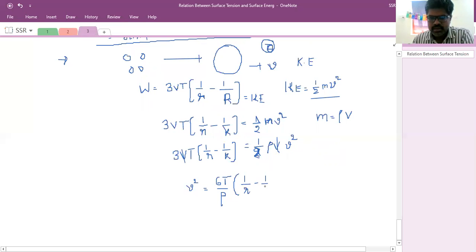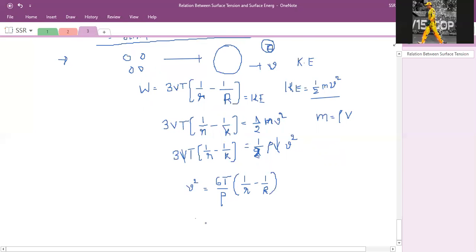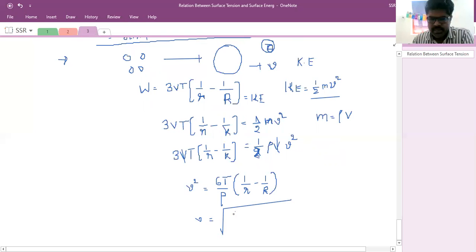Are you clear on this? Then the final speed v is equal to root of 6T by rho into (1/r minus 1/R), where T is the surface tension and rho is the density of the liquid.